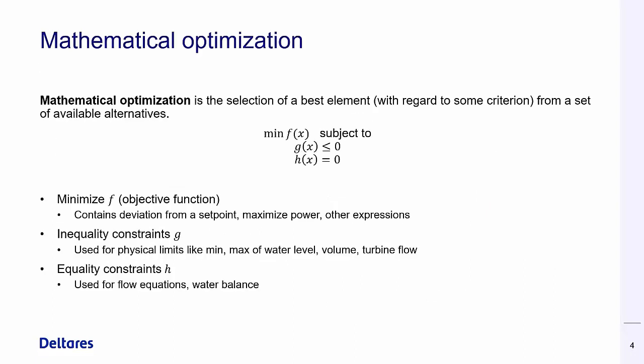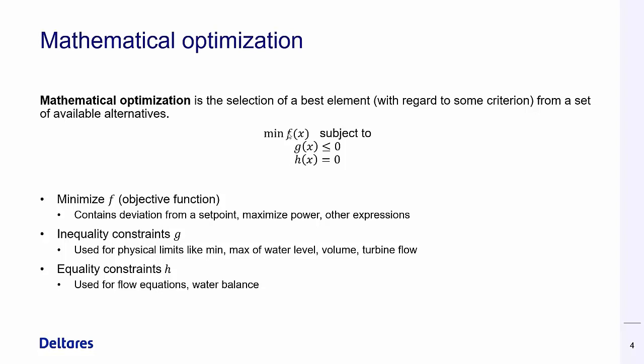First, the definition of mathematical optimization. We understand with mathematical optimization the selection of a best element with regard to some criterion from a set of available alternatives. In equations this looks like this. We have an objective function f, and the optimization task is to minimize this function.